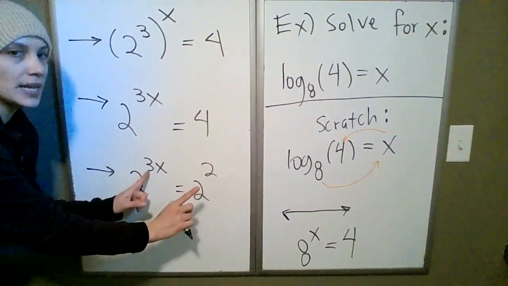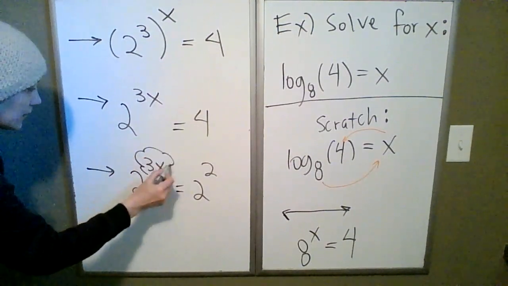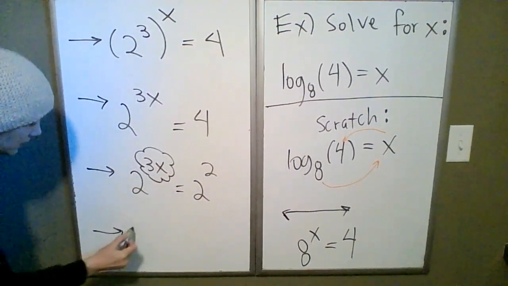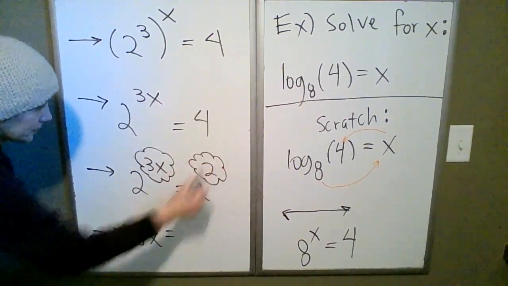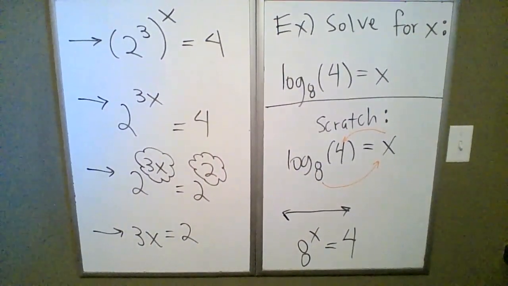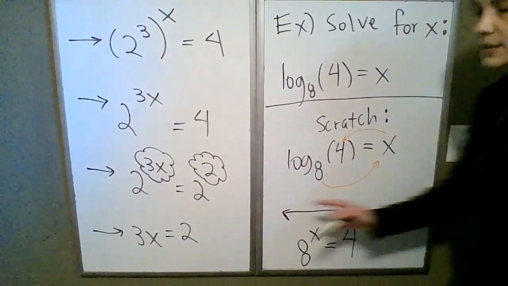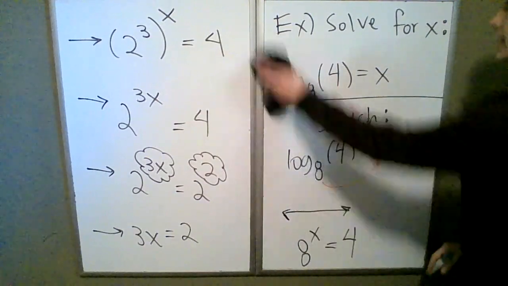It means that 3x has to be equal to that 2. Divide both sides by 3, and you'll have x. x is equal to 2/3.